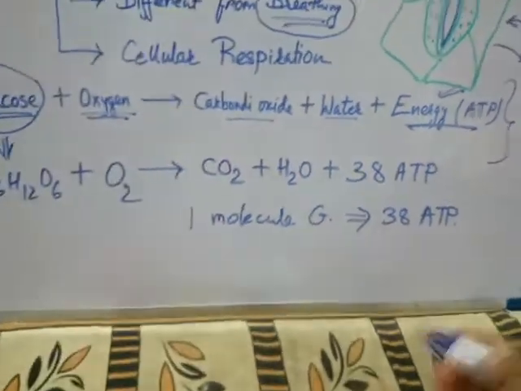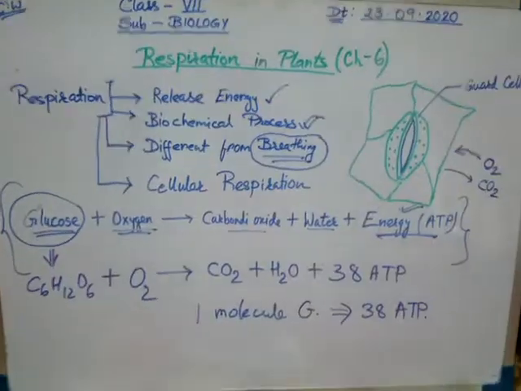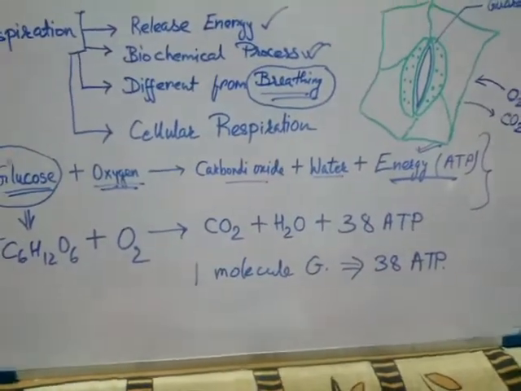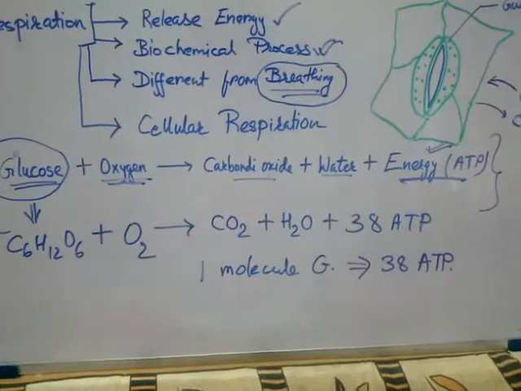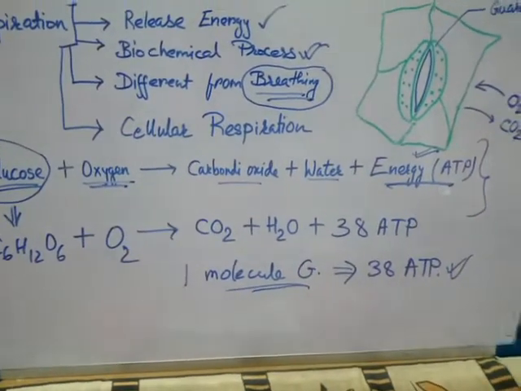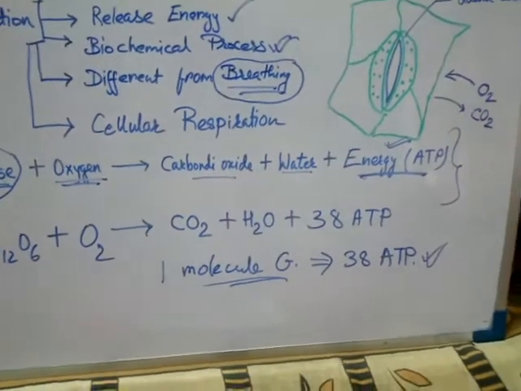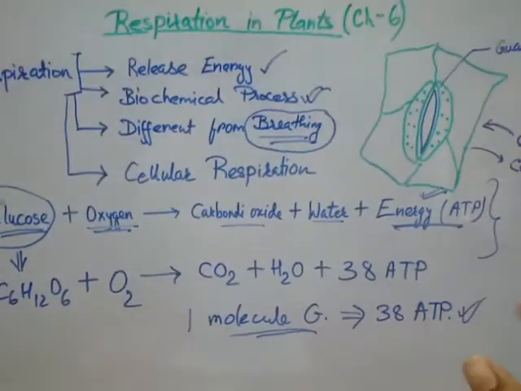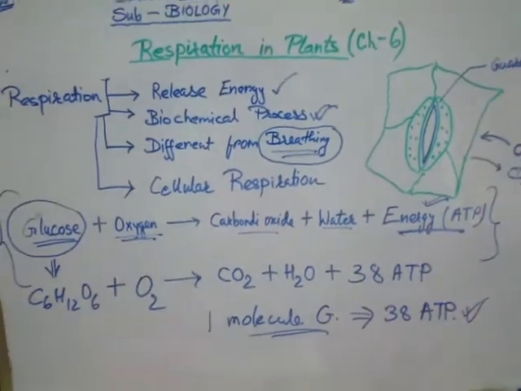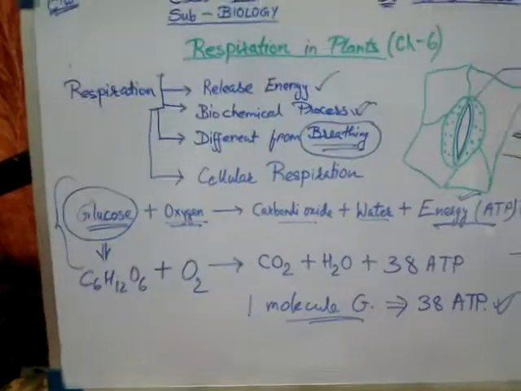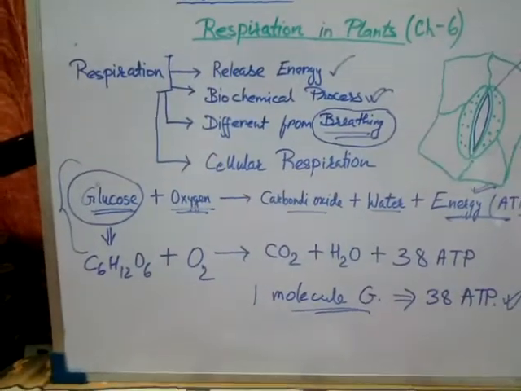Okay, so you can make out from this equation that the breakdown of one molecule of glucose releases such a huge amount of energy, 38 ATP molecules of adenosine triphosphate, that is sufficient, which can help them to carry out various body functions. So this is the basic concept of respiration.